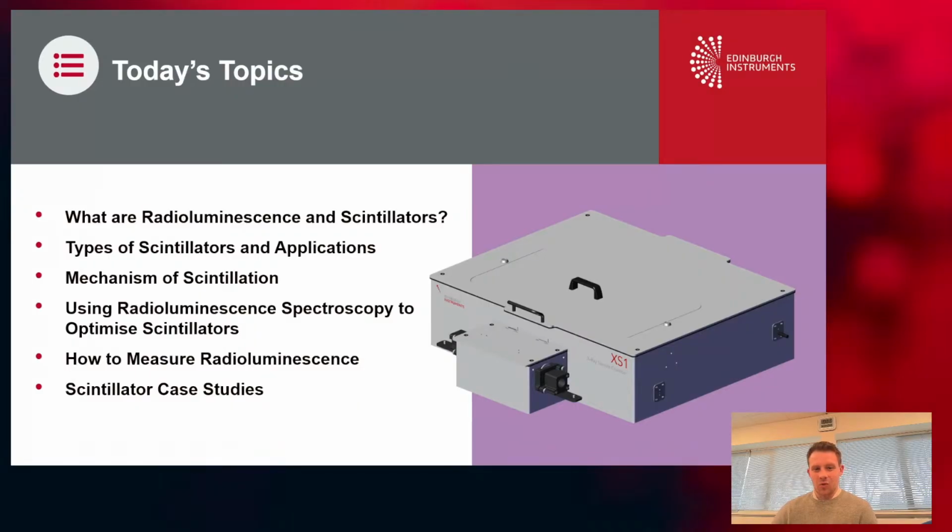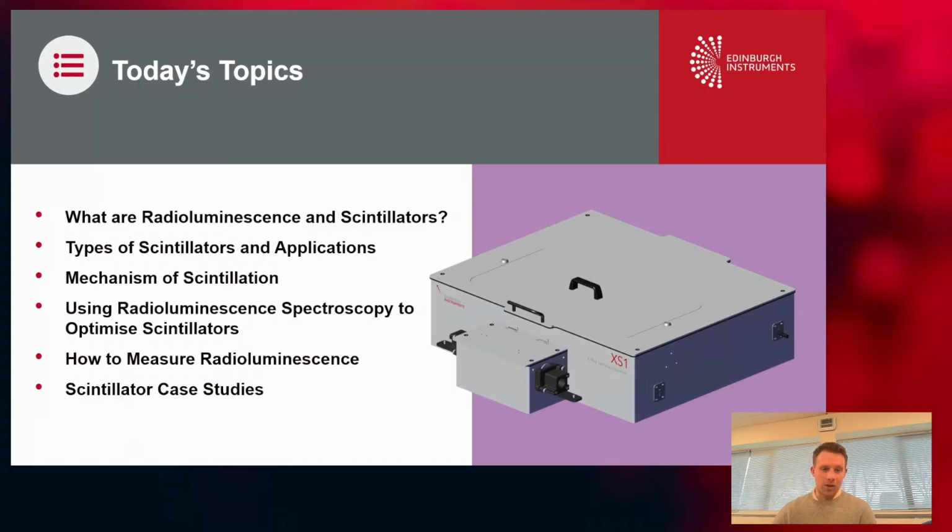Thanks, Maria. So today, this presentation is going to be split into two parts. In the first half, I'm going to go over a bit of the background to this topic. I'm going to talk about what radioluminescence is and what scintillators are, the different types of scintillators and what they can be used for. I'll also go a bit into the theory of the mechanism of scintillation and how we can use radioluminescence spectroscopy to optimize their properties.